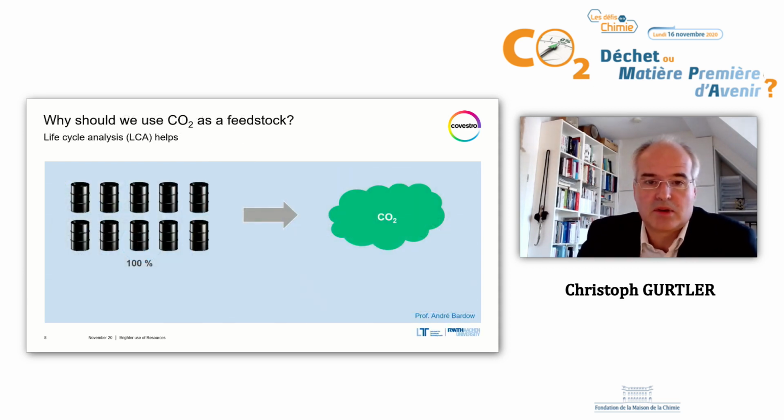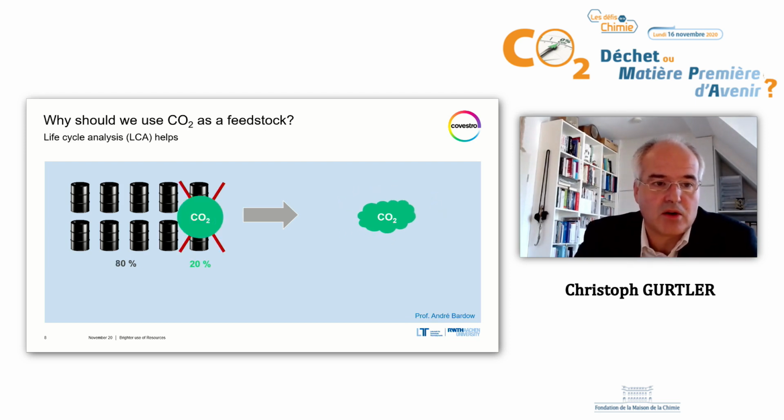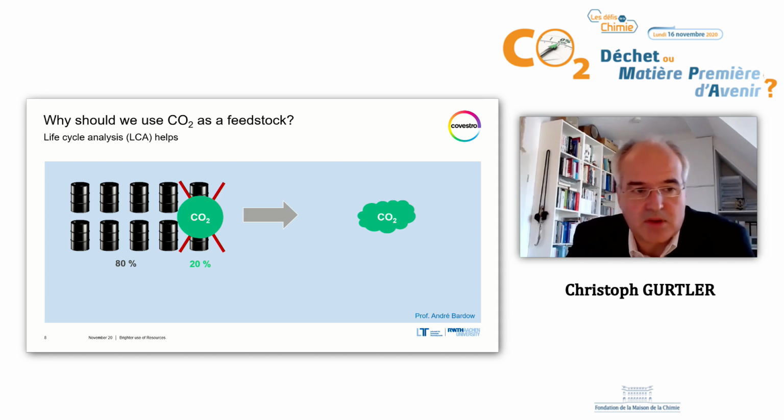So what's the benefit? Currently we use 100% fossil-based materials like propylene oxide to get the respective polyol made. Using this new technology, we can take out roughly 20% of the fossil-based material in the polyol, and by that reduce the carbon footprint of the intermediate.